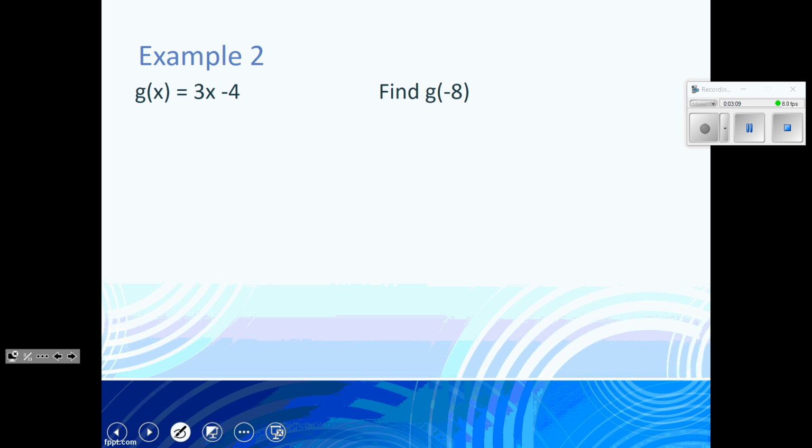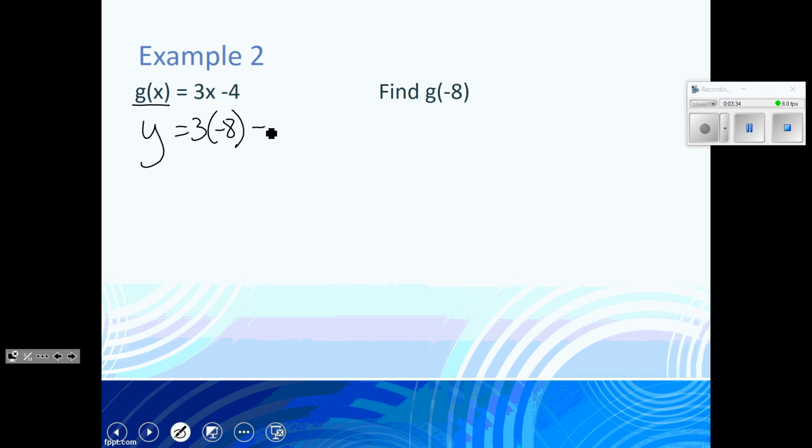I changed it this time and made it g of x because you're going to see f at x, g at x, h at x, l at x, k at x, m at n, a at b. You're going to see all kinds of different variables. It's all y. It's the output when what's the input?